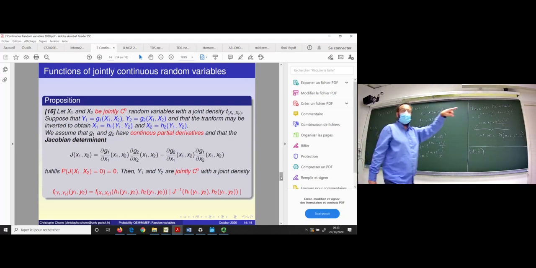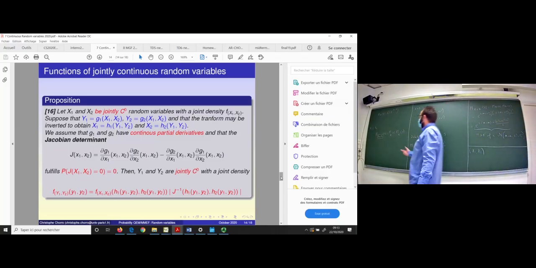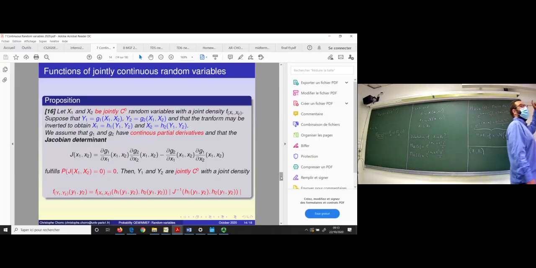And the idea is to have some news about this one. As you see in this exercise, be careful, you change a pair into a pair. Okay? So it means that if I am interested in this one, that is the transform of this one, I need to deal with another one in order to start from 2 and go to 2 random variables.